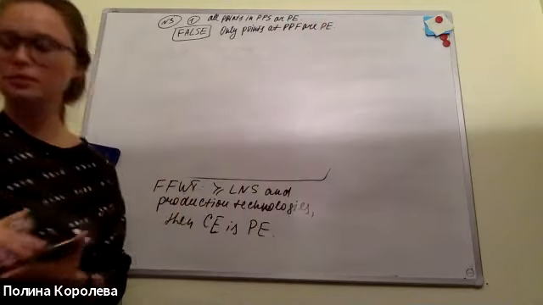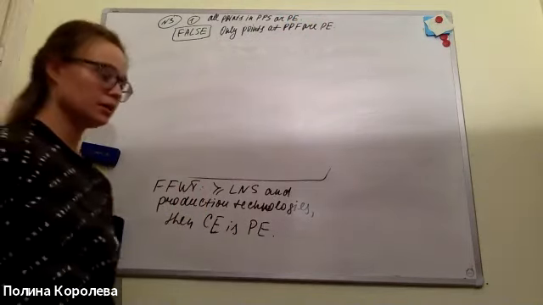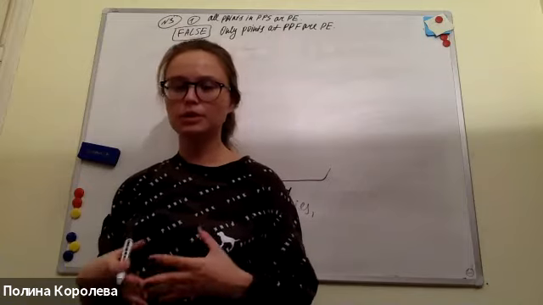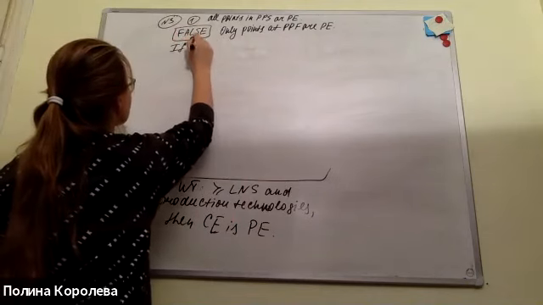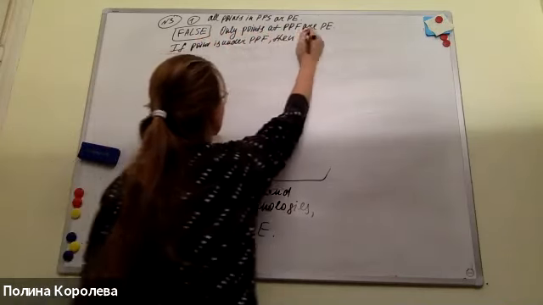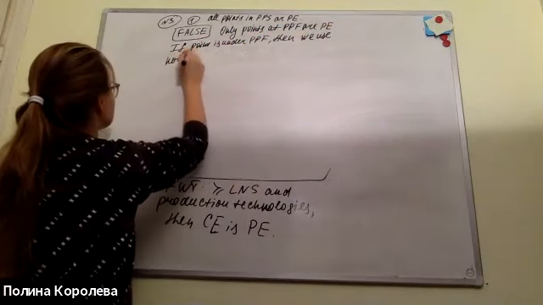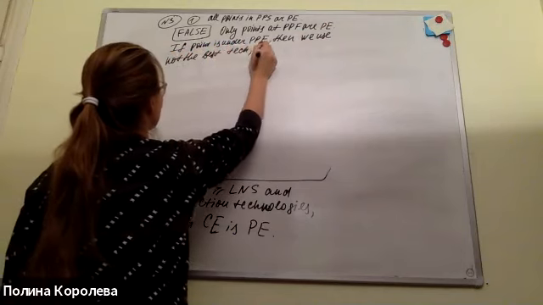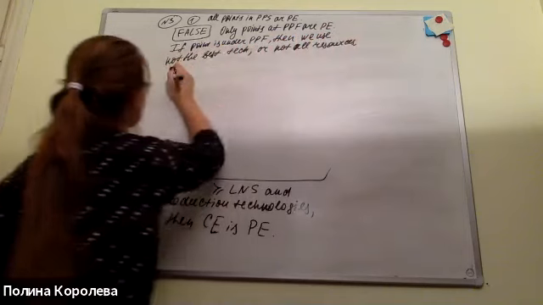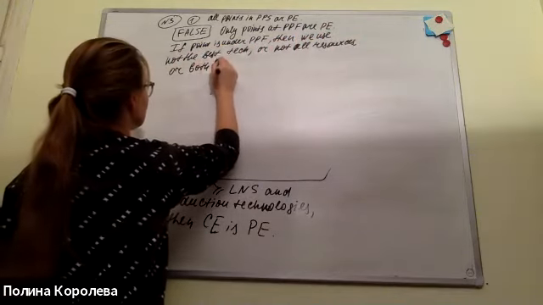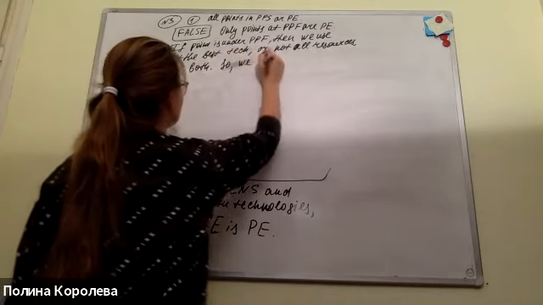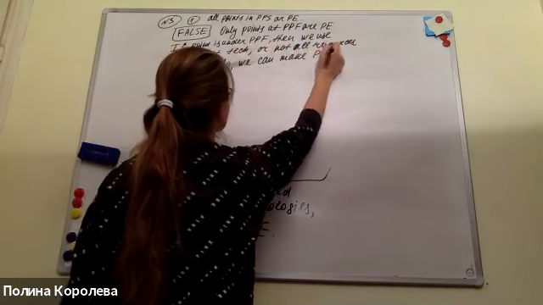If a point is under the PPF, then we use not the best technology, or we use not all resources, or both, so we can make a Pareto improvement.